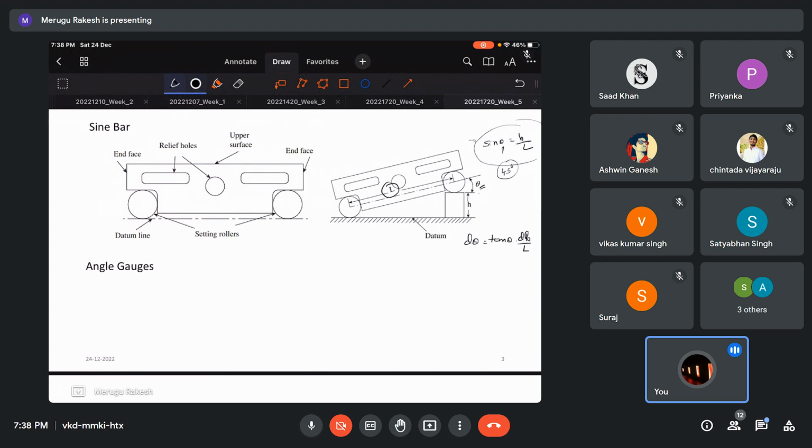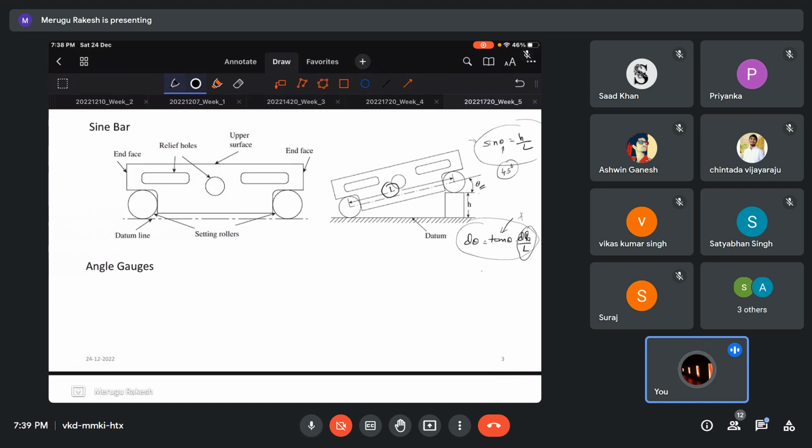So this is the final equation you will be ending with. This tan theta value till 45 it's okay, but beyond that it will shoot up like anything. This dl by l is fine. If you see the tan theta graph, you can easily get this value. I am not going deep into this derivation, it is quite simple to follow. These are the main things with the sine bar.